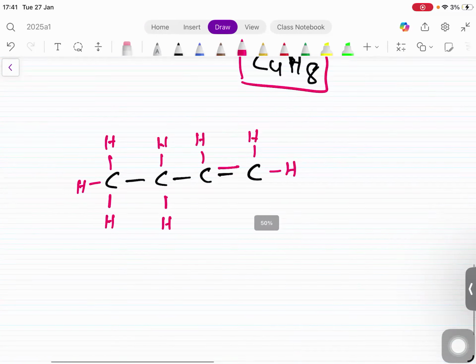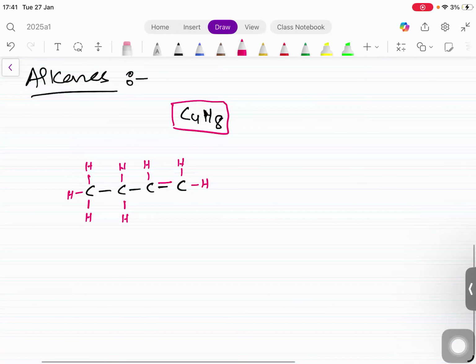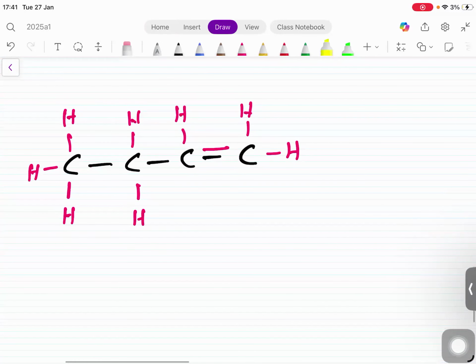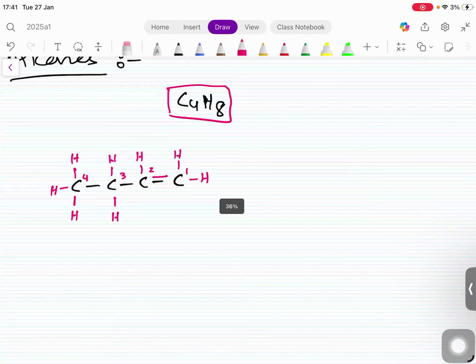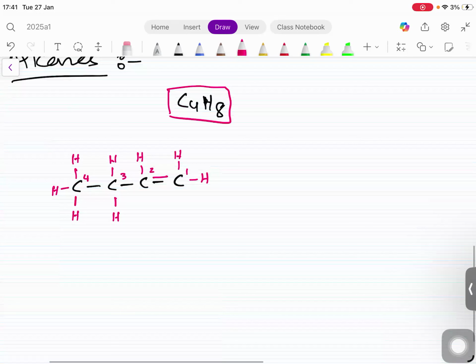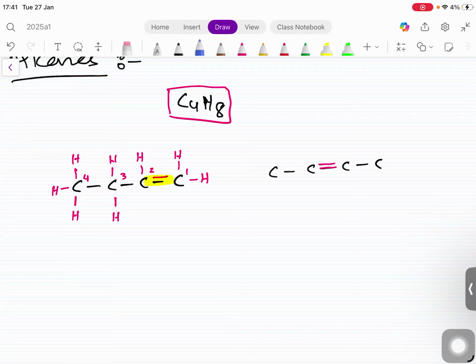Now, in alkenes, once you change the position of the double bond, for example, 1, 2, 3, 4, here are the 4 carbons. If I put the same number of carbons in the chain and put the position of the double bond here instead of here, so now 1, 2, 3, 4.